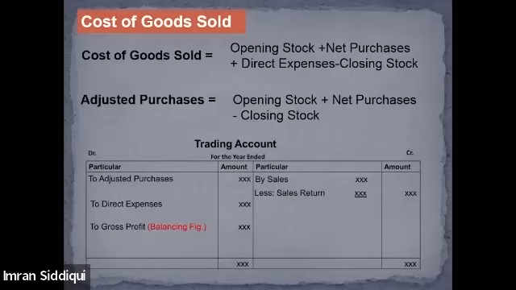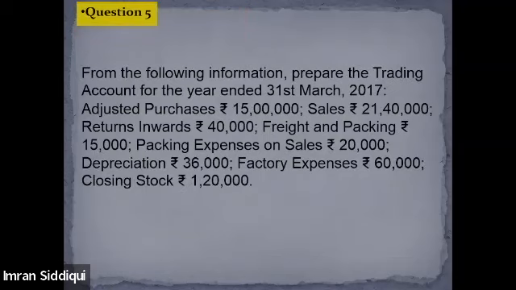Okay then. So here we go. Let's do question number 5. It says from the following information, prepare the trading account for the year ended 31st of March 2017. Adjusted purchases are given, 15 lakh, sales value is given, return inward is there, freight and packaging expense on sales is given, depreciation is given, factory expenses is there, closing stock.